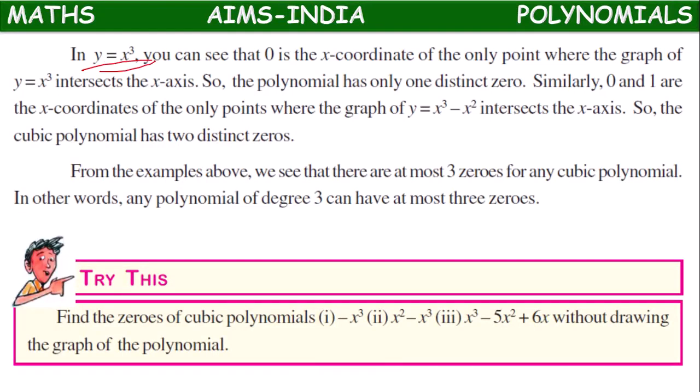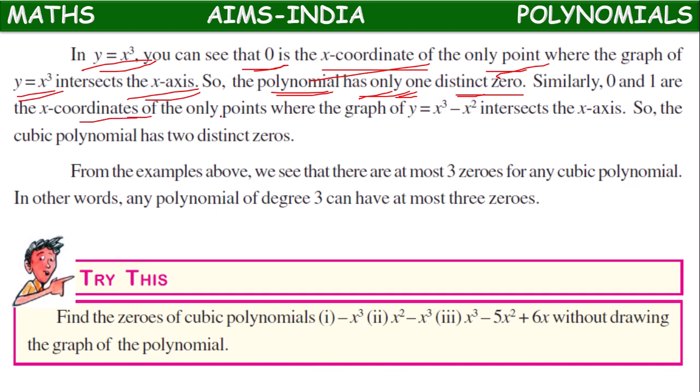So for y equals x cube, 0 is the x-coordinate of only one point. So y equals x cube intersects the x-axis at only one point. The polynomial has only one zero in this case, which is 0.